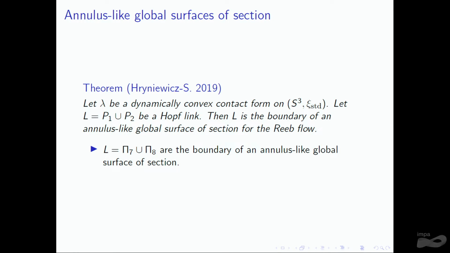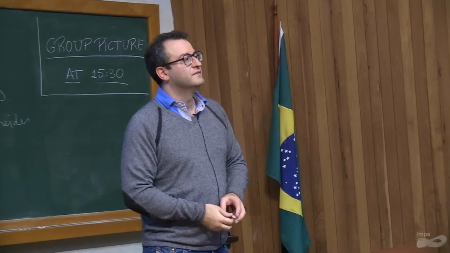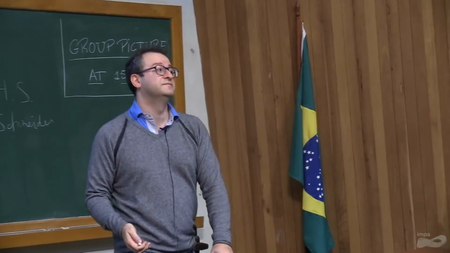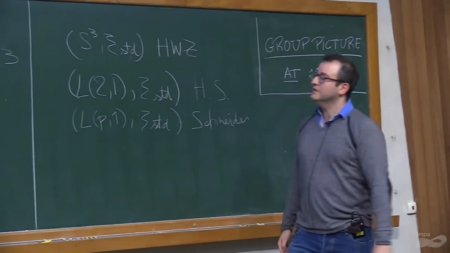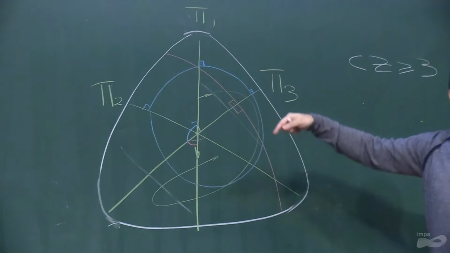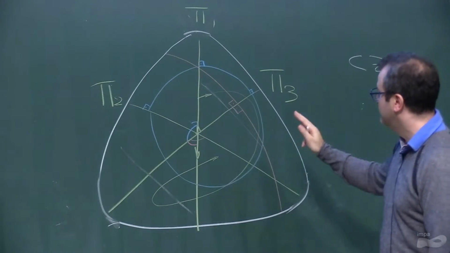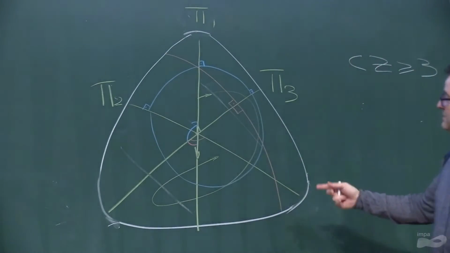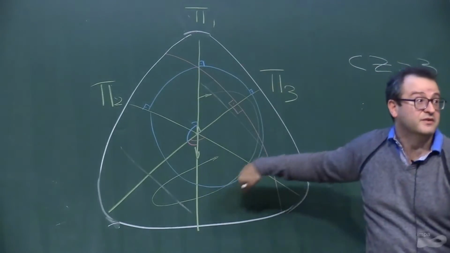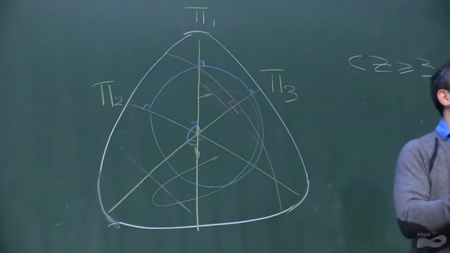So you're saying that if you take any Hopf link of these orbits, then it's going to get them out here? Yeah, exactly, any. And these guys are Hopf fibers. Yeah, you just have to be careful if, for instance, the blue one going this way with the other one going the opposite way, they form a Hopf link.